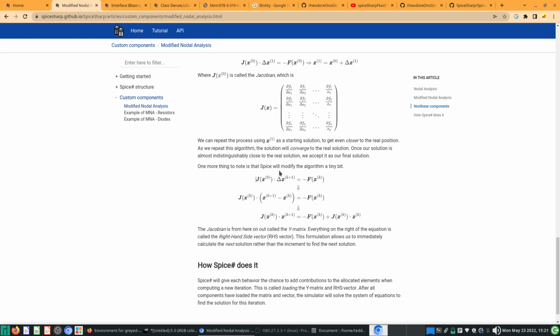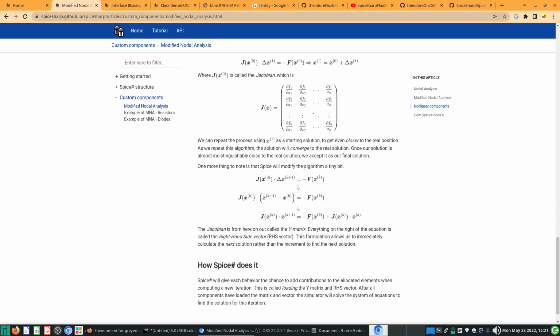So the algorithm is modified in the sense that the Spice algorithm makes it explicit in x k plus 1 right here. So this delta x is split up into x to the k plus 1 iteration minus x to the k.